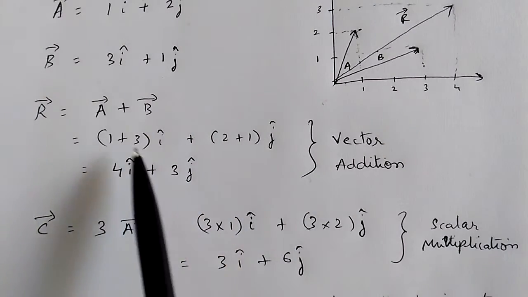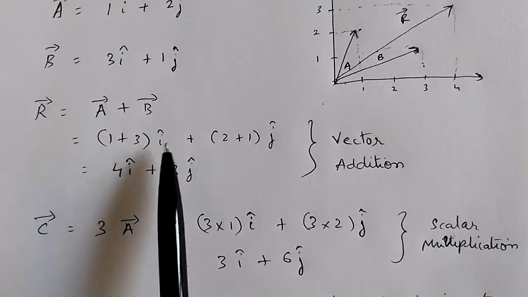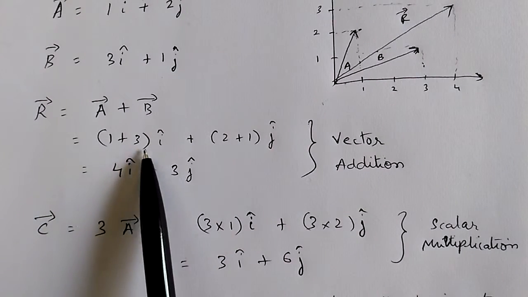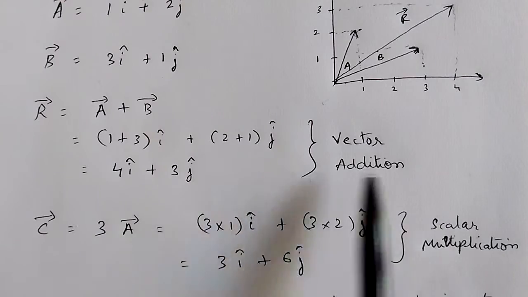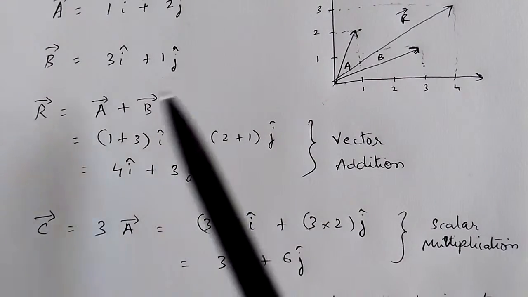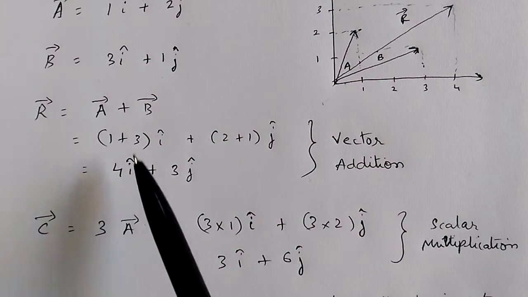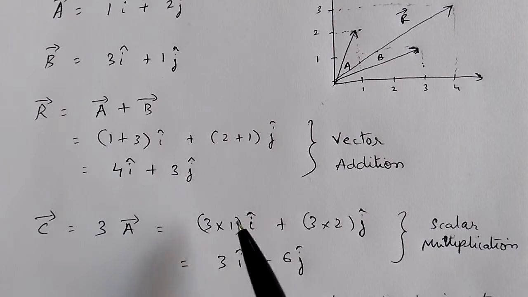This property, that when you add two vectors you get another vector, and that you only need to add the respective components, is known as vector addition. So a plus b gives you another vector.